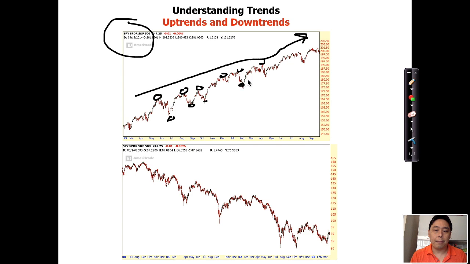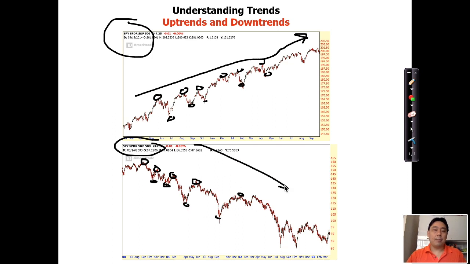That's an uptrend. Okay, so whenever you see higher highs and higher lows, that's a good indication that you're on an uptrend. Okay, this is a period of time when the S&P was on a downtrend. How do you define a downtrend? Price is making lower highs and lower lows. So again, that's a very clear definition of a downtrend.